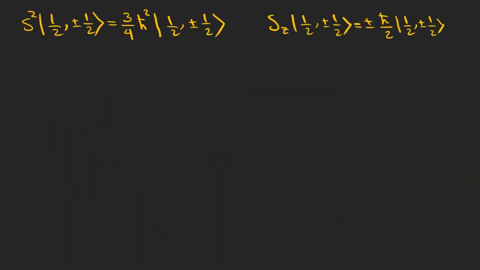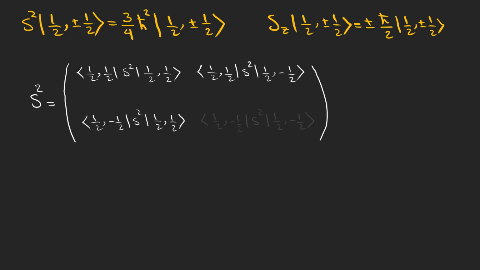We are going to use these two relations to find the matrices that represent the operators associated with spin angular momentum. We are looking for a 2x2 matrix because we have two eigenstates. There are 4 elements that form this matrix, which are constructed by simply acting the operator on each ket and finding the inner product using different bras.